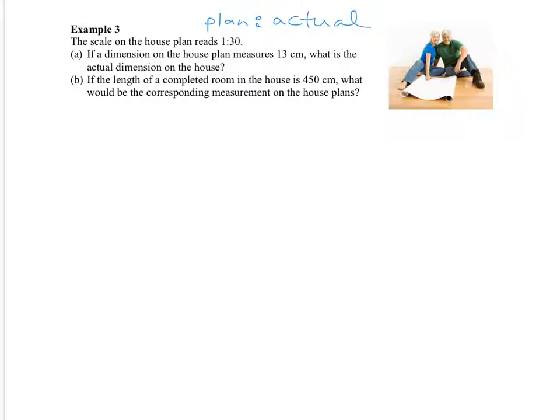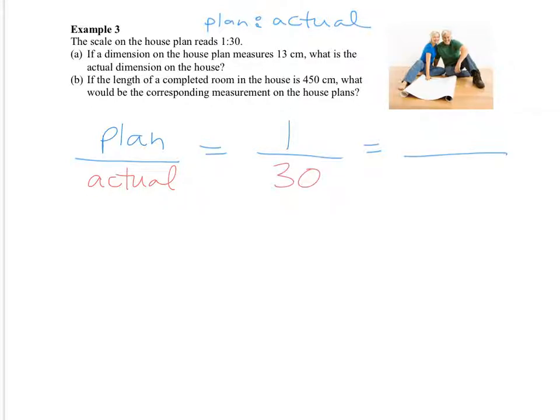So we've got our lines here, and because we're dealing with a scale, we're talking about the plan to the actual, 1 to 30. So we can go plan on top, and the actual or real on the bottom. We know our rate: 1 centimeter on the plan represents 30 centimeters in the actual house.